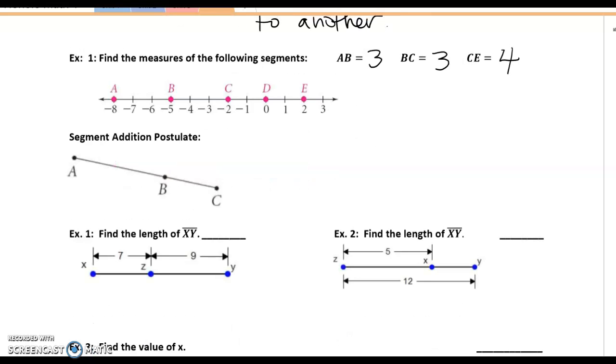Now the segment addition postulate goes like this. We take segment AB and we add to that the length of segment BC. That would equal segment AC.